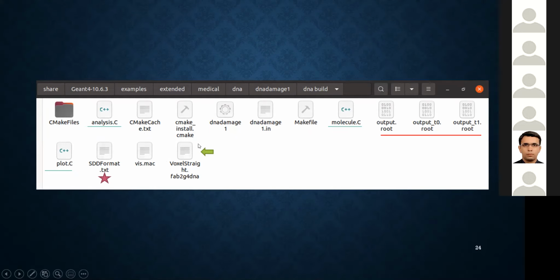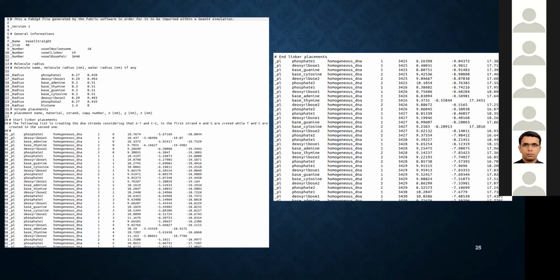And this is the fabrics. It's the fabrics Geant4-DNA. It's the one that exports the target from fabrics to Geant4-DNA. That's what it means, fabrics to Geant4-DNA. This is an example of how it looks, how we generate the geometry in fabrics. As you can see here, it goes detailing each of the components of the DNA line by line, creating the linkers and the nucleosomes line by line.